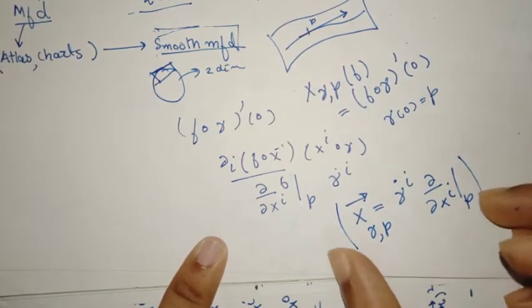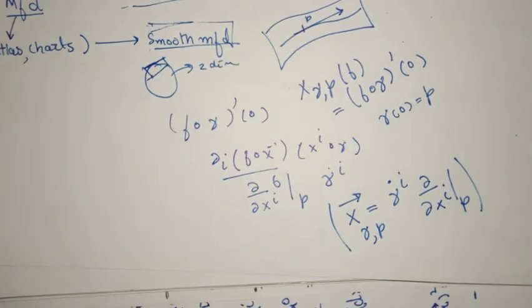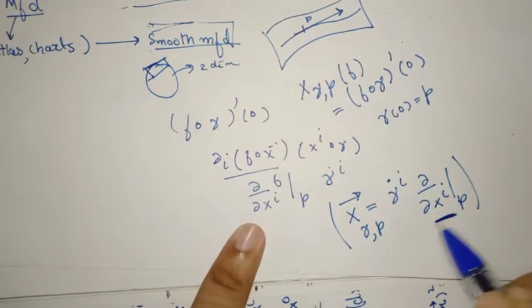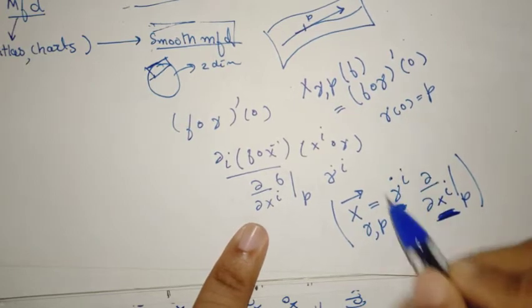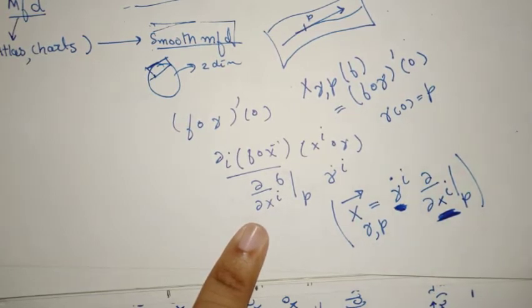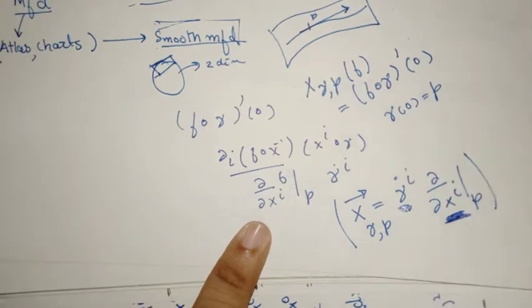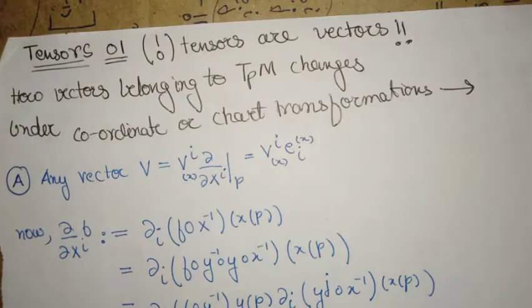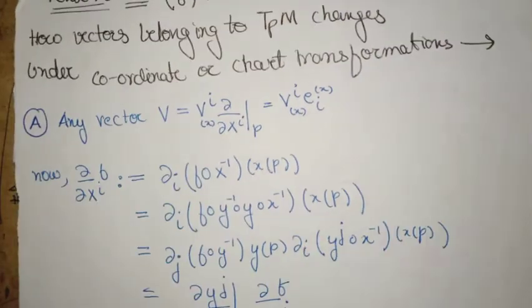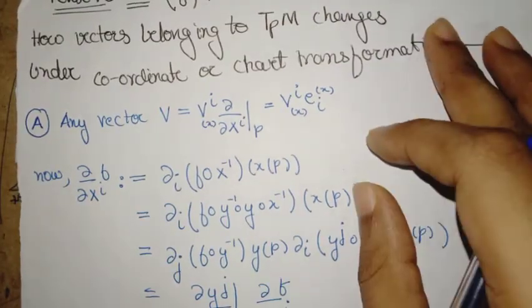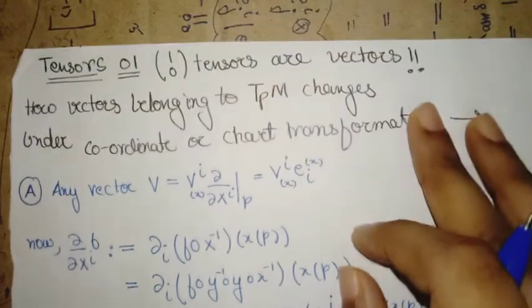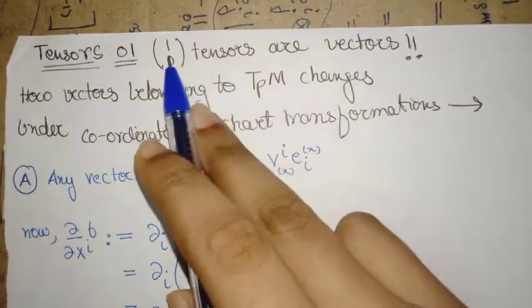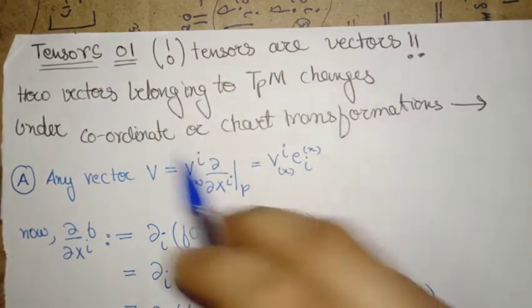And further, we discussed the fact that these things here are the basis vectors, and these are just the components that any vector has whenever it is written in the basis formalism. So from here now we quickly take a look at the transformation properties from one chart to another of these vectors. So (1,0) tensors are just vectors.